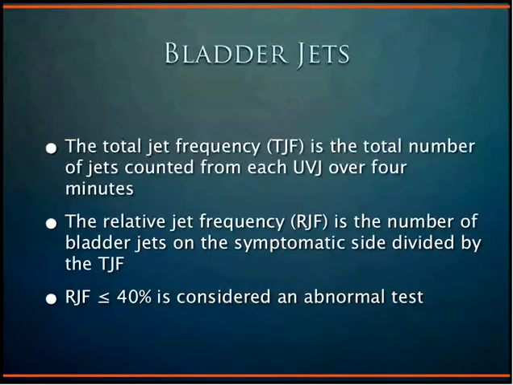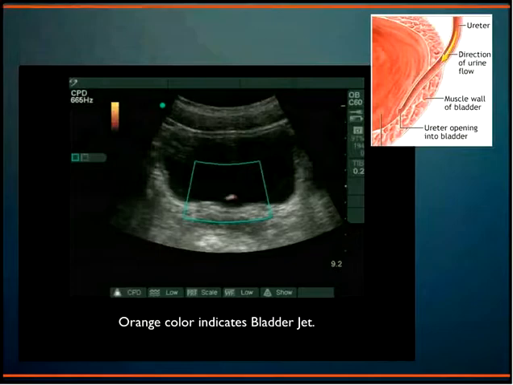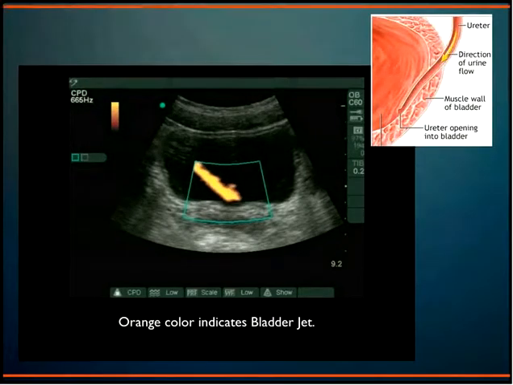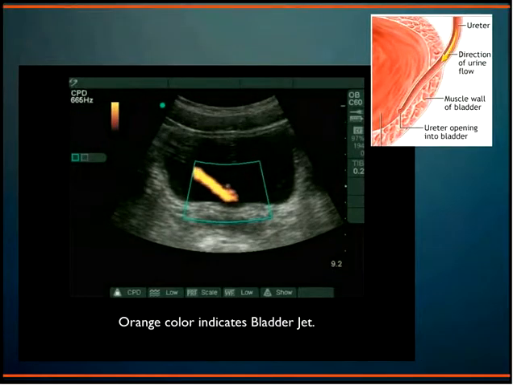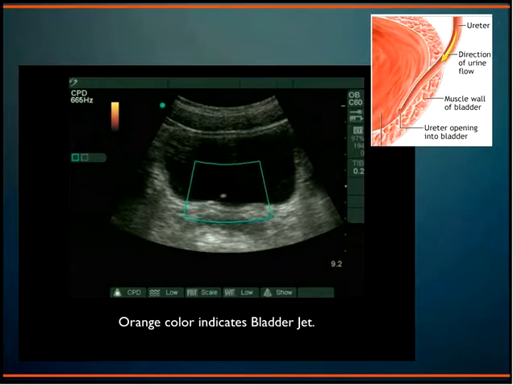If the relative jet frequency is less than 40%, it's considered an abnormal test, and a CT urogram should be considered for an obstructing ureteral calculus. This is an example of a bladder jet seen coming from the left orifice and then the right orifice.